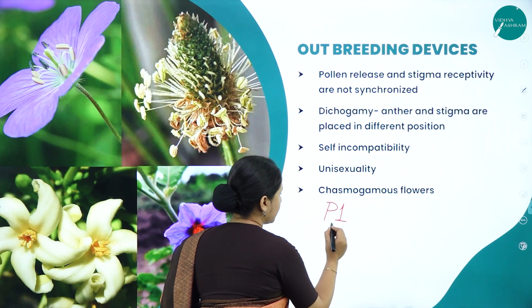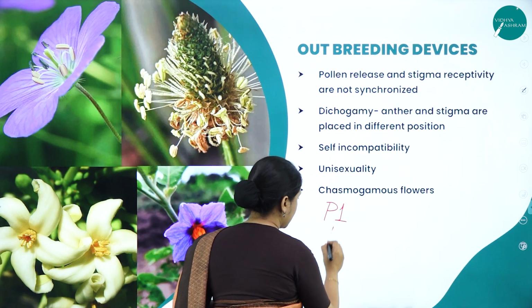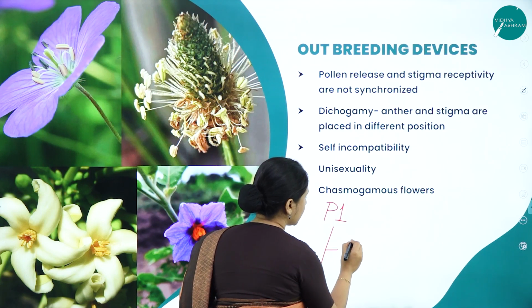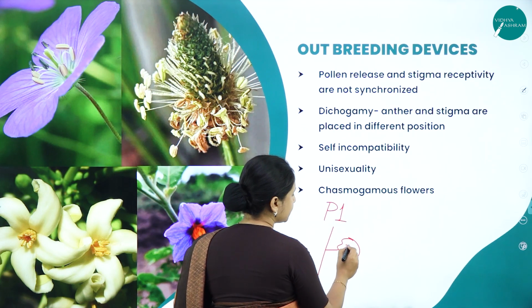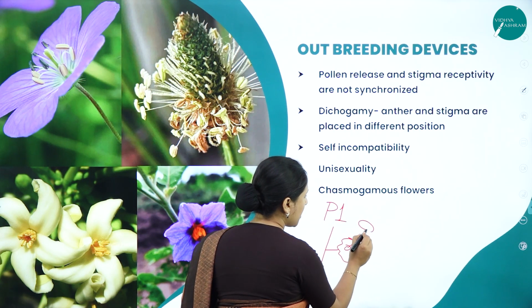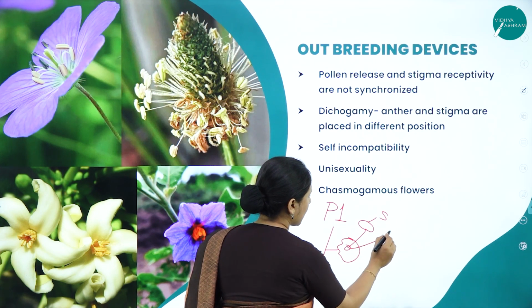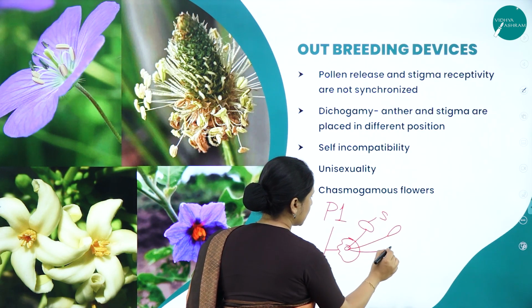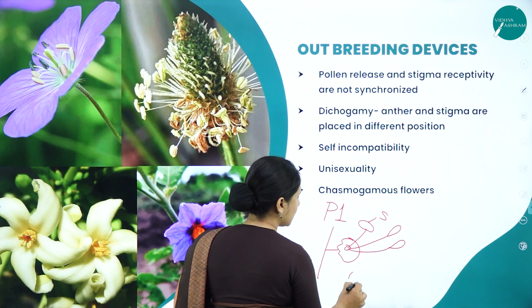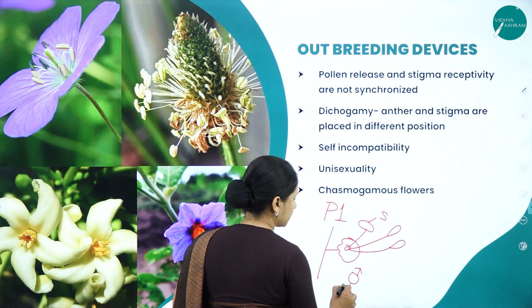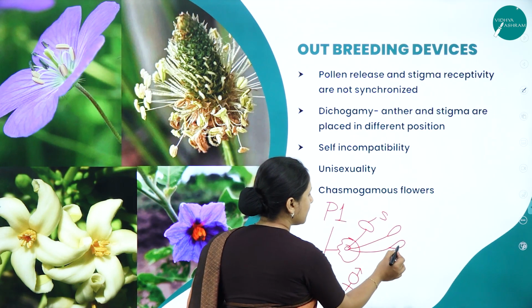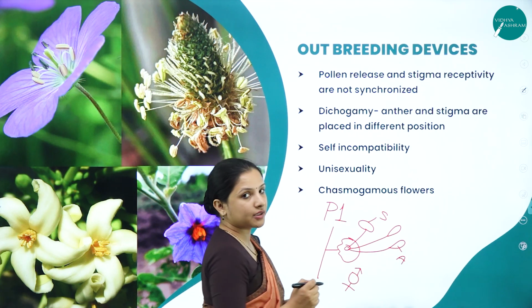Say for example, here I have a plant P1. Now the flower is there in this P1. Stigma is also there, so I'll write it as S, and anthers are also there. That is why it is a bisexual flower, because both the male and the female reproductive parts are present.